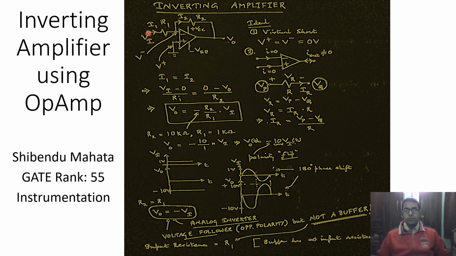So input resistance means the resistance that this source is looking into this circuit. And so we can find that the resistance is equal to R1 ohms. So this is the fundamental difference between that of a buffer and that of a simple voltage divider, even though it is in the opposite sense.